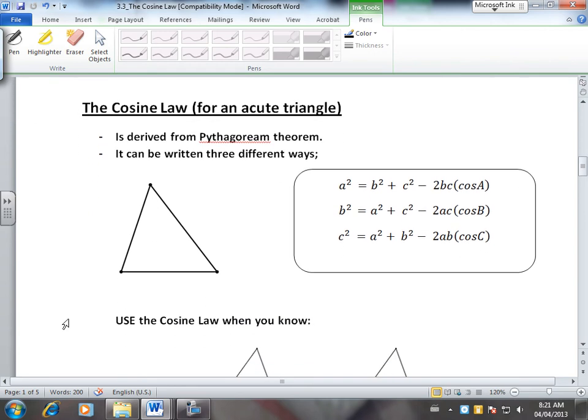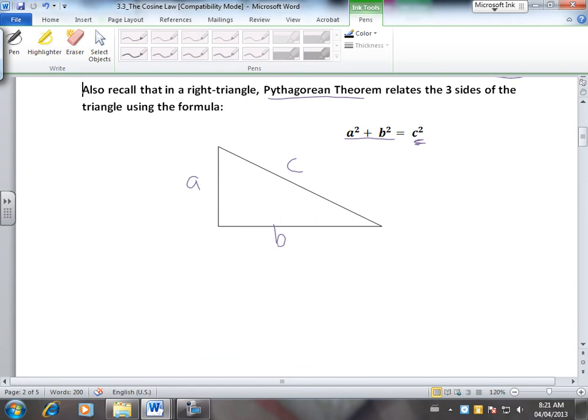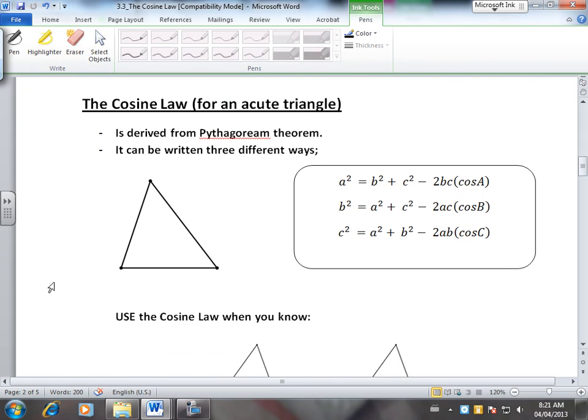So now let's look at cosine law for an acute triangle. And the reason why we just talked about Pythagorean theorem is that cosine law is derived from this theorem. So using that theorem, they derived cosine law. So if we label our triangle A, B, C, and again label your sides A, B, C, then your cosine law can be written three different ways.